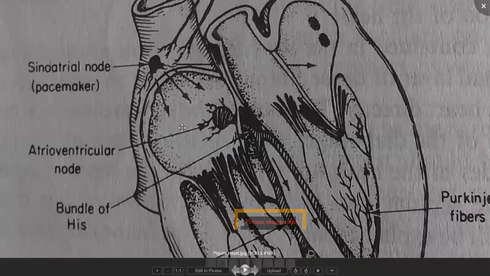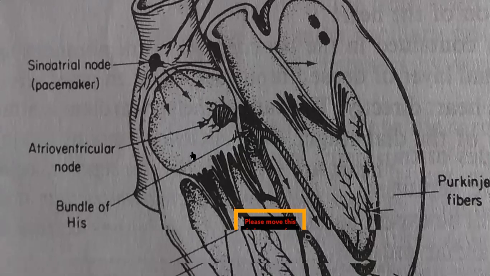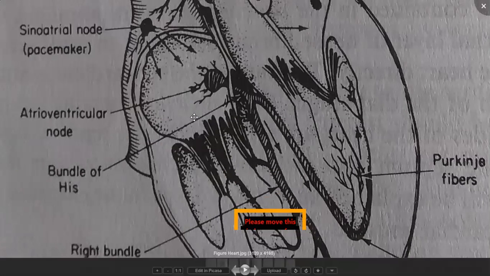Due to that, the chambers contract, the pressure inside the chambers increases, and the blood is pumped into the right ventricle.